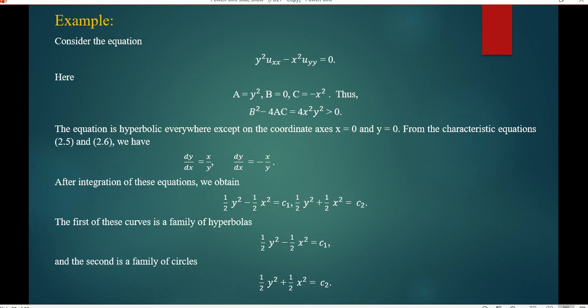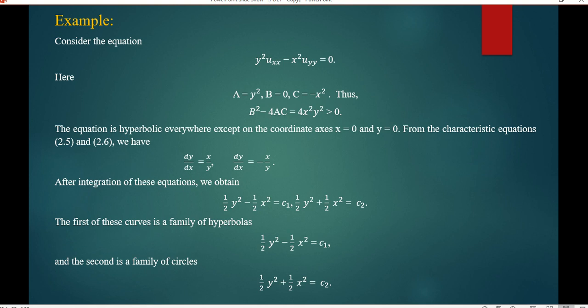So for example, we consider an equation y square into uxx minus x square into uyy equal to 0. If we compare the given equation with the general second order PDE, then we have a equal to y square, b equal to 0, that is the coefficient of uxy is 0, and c equal to minus x square, which is the coefficient of uyy.